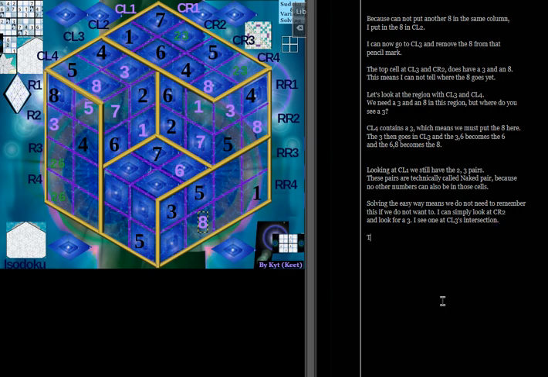This means that we cannot have a 3 in column left 1 at column right 2.